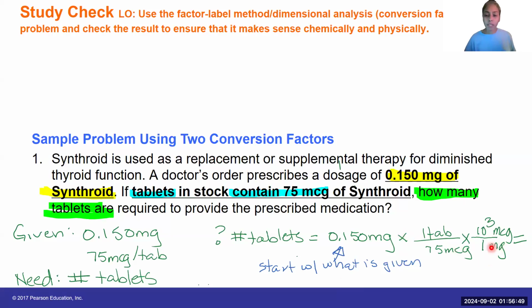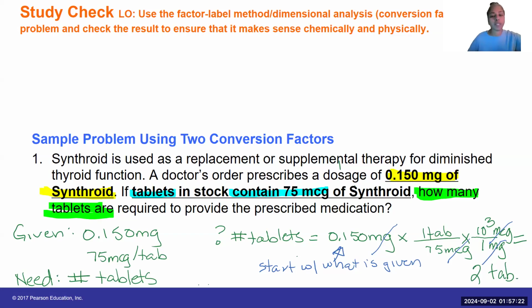So 1 milligram is going to be equal to 10 to the 3 micrograms. Micro is 10 to the minus 6, so there are 3 hops to get from micro to milli. Our milligrams cancel with milligrams, our micrograms cancel with micrograms, and we're left with tablets as our final value. And our answer is 2 tablets.